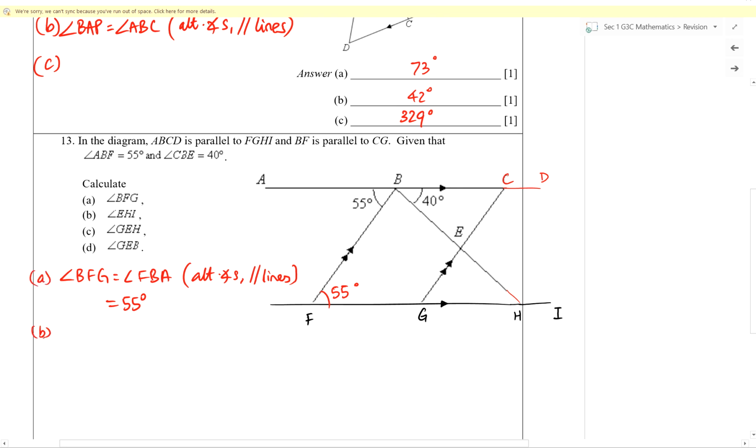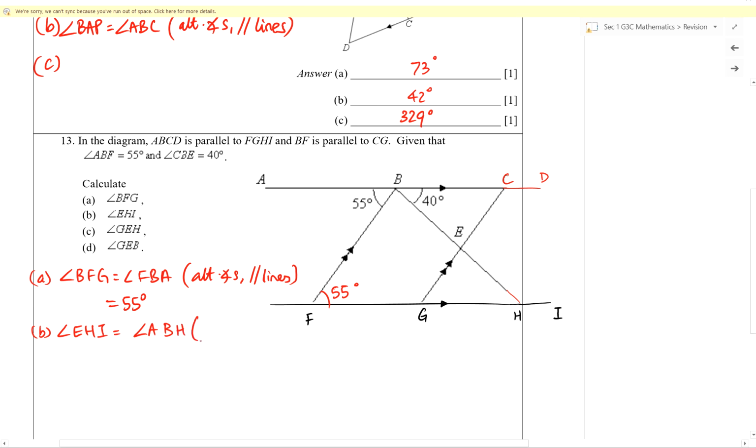Part B, angle EHI. Okay, we think, help us with EHI. Angle ABH.